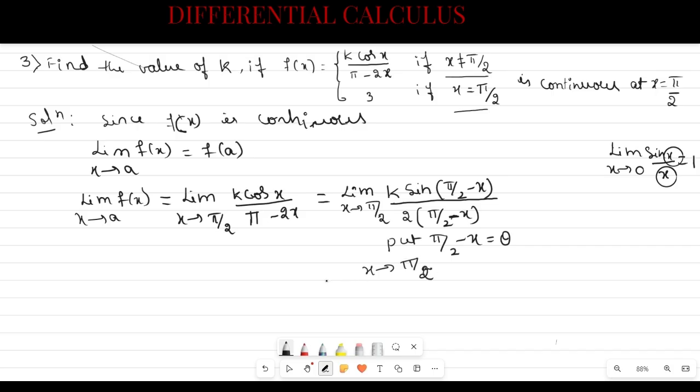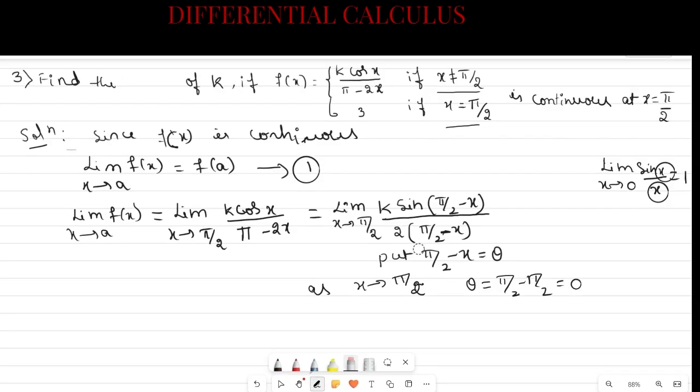As x tends to pi by 2, theta equals pi by 2 minus pi by 2, substituting pi by 2 in the place of x, which is 0. We got theta equals 0.